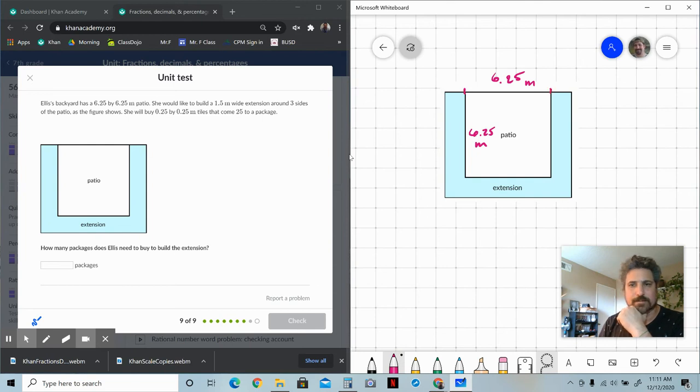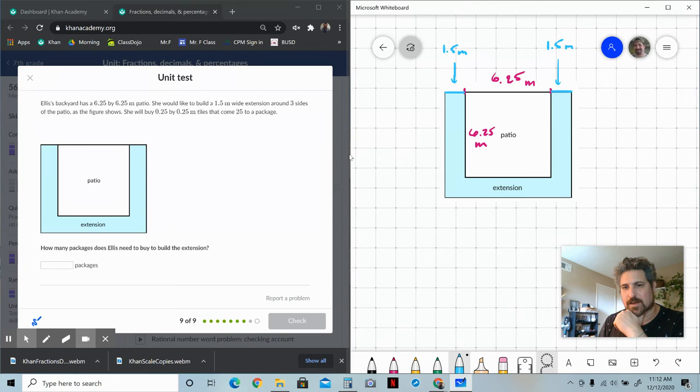She would like to build a 1.5 meter wide extension around 3 sides of the patio. So what she's saying is that this distance here is 1.5 meters. This distance is 1.5 meters, and this distance is 1.5 meters.